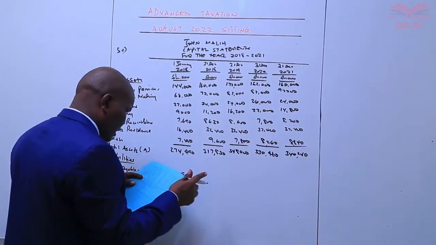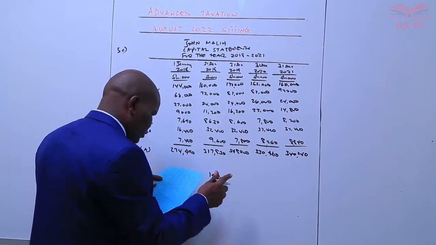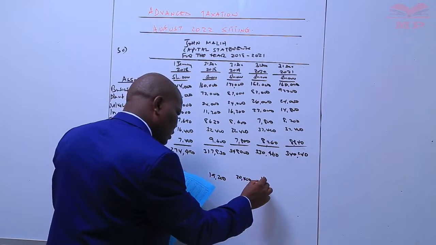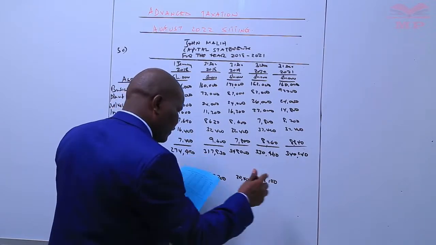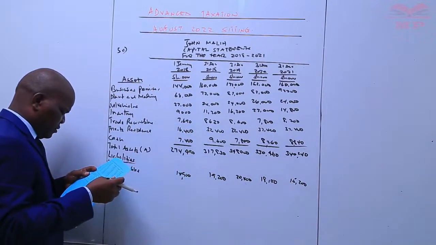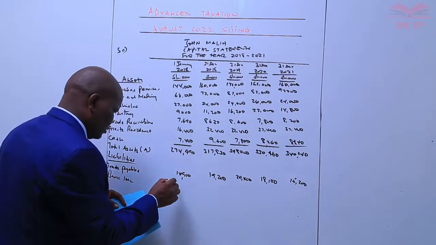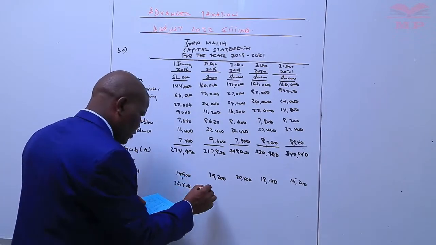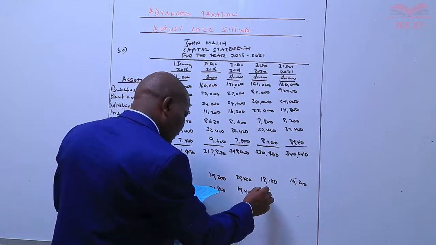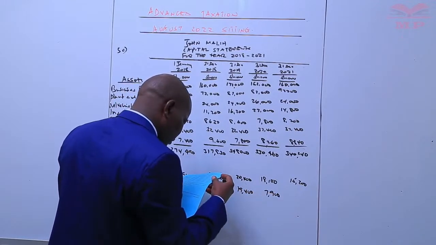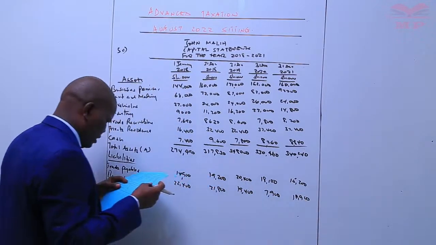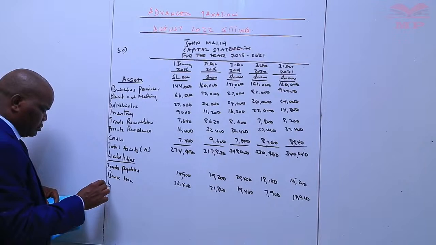Next is 19,200, 20,400, 18,100, and 15,200. Next we have bank loan: 22,400, 21,800, 19,400, 7,900, and 18,900.